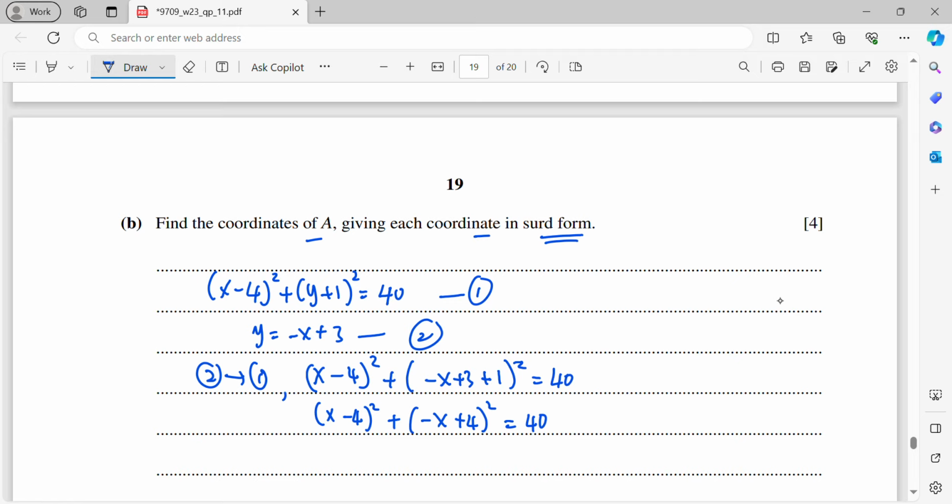Okay, so now do expansion. According to quadratic expansion, if you have a plus b all squared, you will be getting a squared plus 2ab plus b squared.